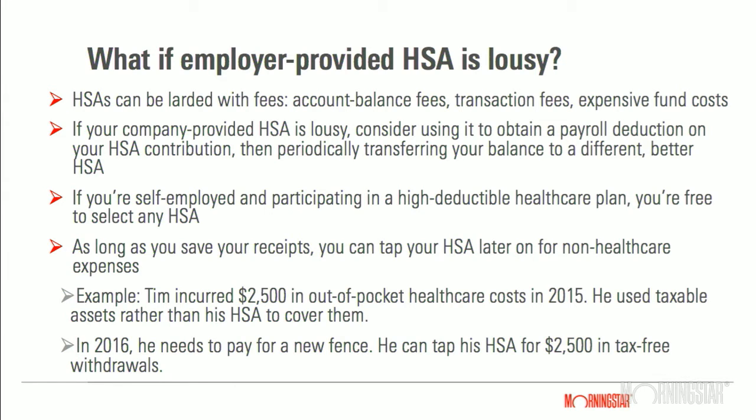He didn't touch it at that time. Lo and behold, in 2016, he incurs or comes up with some expenses, non-healthcare related expenses, that he needs to fund and doesn't have a ready source of assets in his taxable account. Well, as long as he saved his receipts for those 2015 healthcare expenses, he can actually take the money out of his HSA and use those 2015 receipts to justify the expenditure.